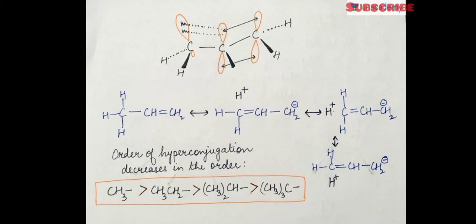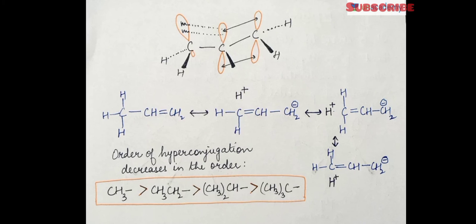We had three sigma bonds here, so we had three hyperconjugative structures. In case we have more carbon hydrogen sigma bonds, then we will get more hyperconjugative structures. The more the number of hyperconjugative structures, the more would be the stability.